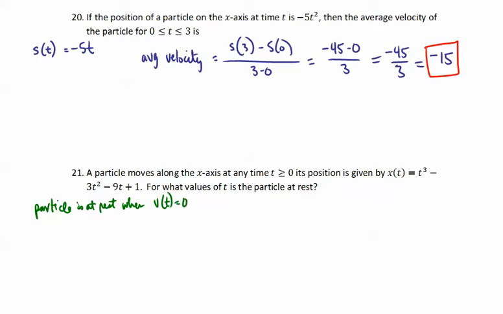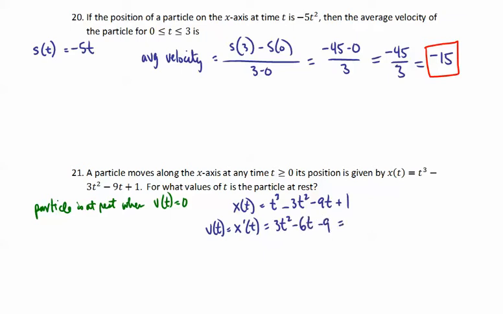And we know that velocity is the derivative of position. So if x of t is equal to t cubed minus 3t squared minus 9t plus 1, then velocity is the derivative of position, and in this case it would be 3t squared minus 6t minus 9.